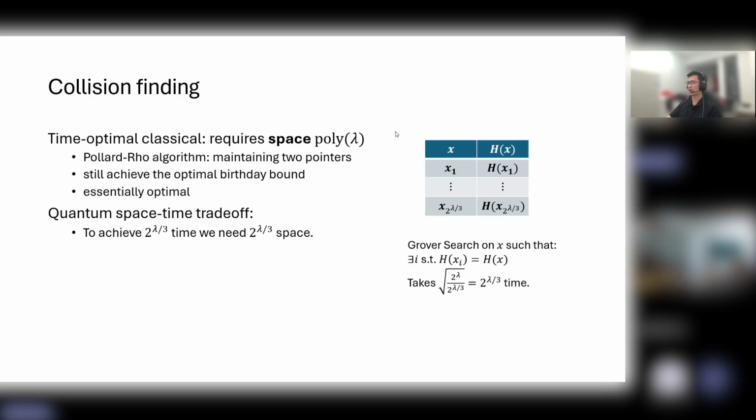It first prepares an input-output pair table that stores 2 to the lambda divided by 3 input-output pairs, and then it runs a Grover search on x such that h of x appears in this table. For each random h of x, the probability that it appears in this table is roughly 2 to the lambda divided by 2 to the 2 lambda divided by 3. So the complexity of this Grover search is this one. This is the BHT algorithm.